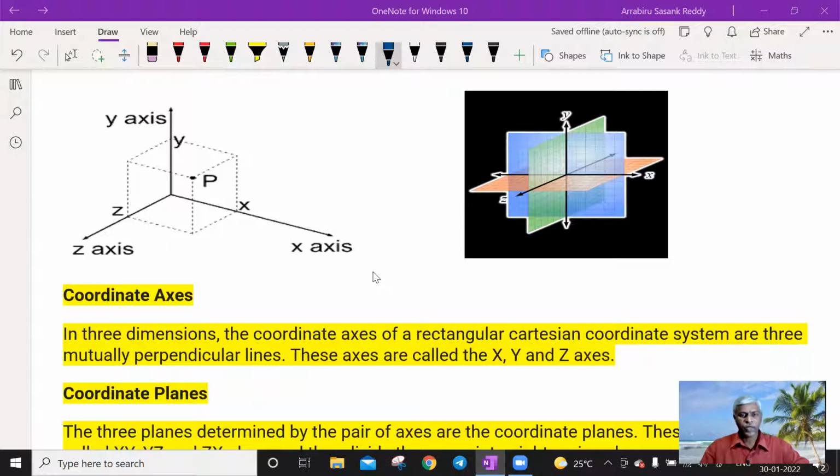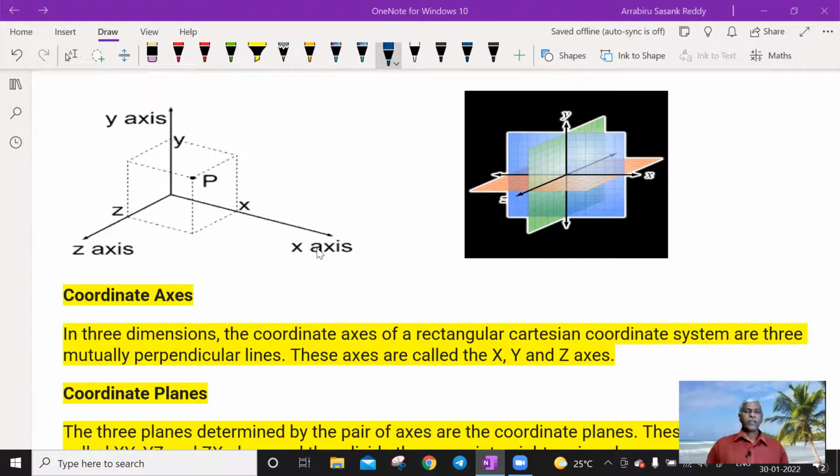In 2-dimensional geometry, normal geometry, we consider only the X and Y axes. So here, if you take 3 axes where the 3 lines are mutually perpendicular to each other, and we know in general the X axis and Y axis are perpendicular to each other.